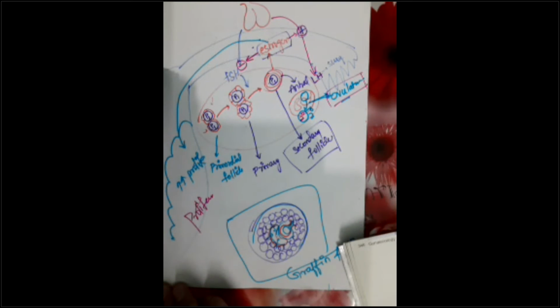Yes, you are there. So I want to test if I have taught clear enough. I want you to tell me or type what will my secondary follicle have. You can unmute and tell. What will my secondary follicle have?